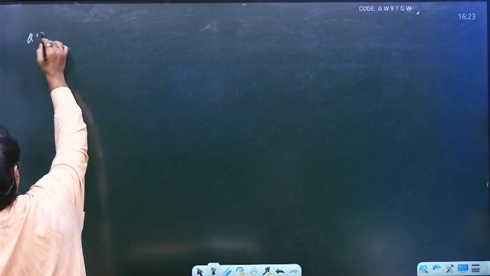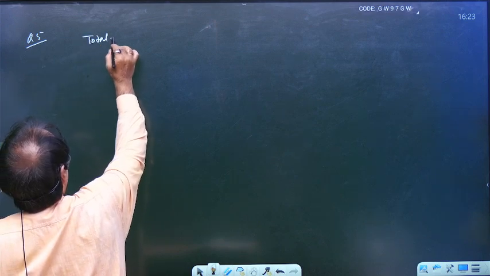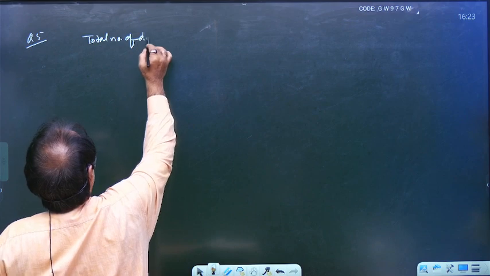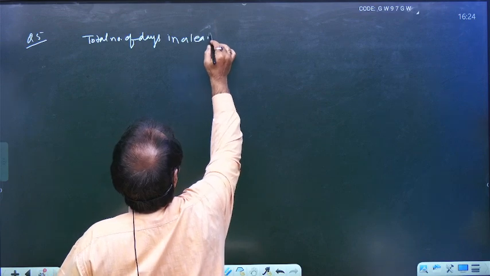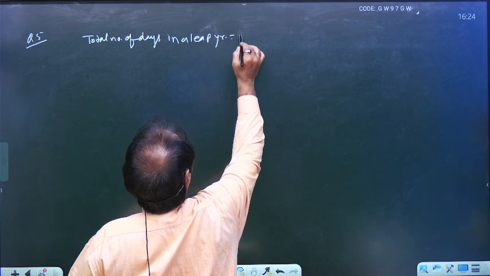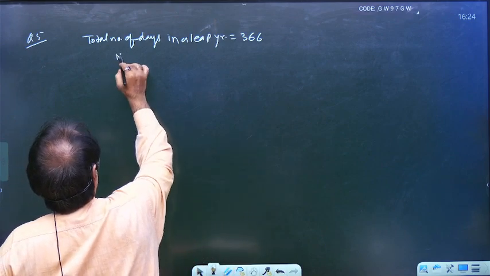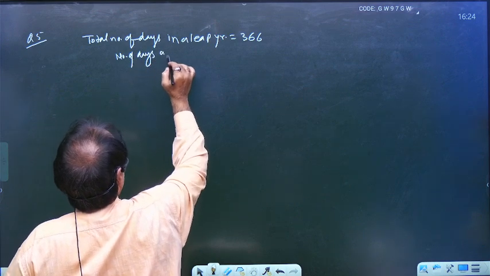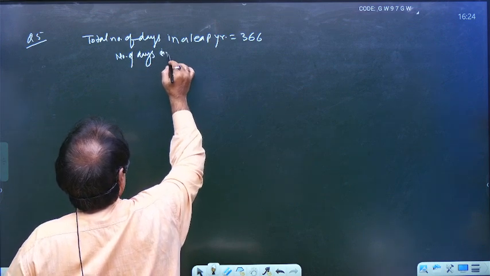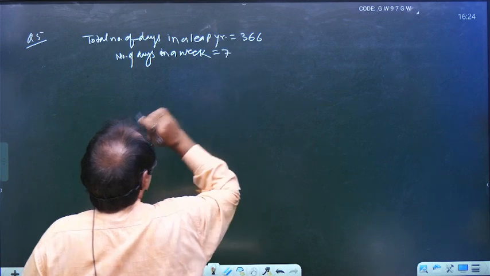So question number 5. The total number of days in a leap year is equal to 366, and the number of days in a week is equal to 7.